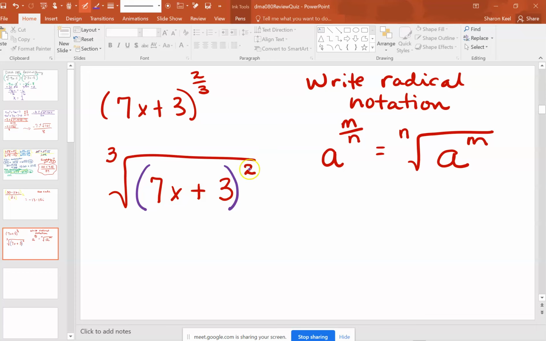If we had the 2 without the parenthesis, it would think it's 7x plus 9. It would only square the number 3 rather than squaring the whole binomial, which would be FOILed and would end up being a trinomial. And that's it. That's the final answer. The answer is just the radical form of that expression.